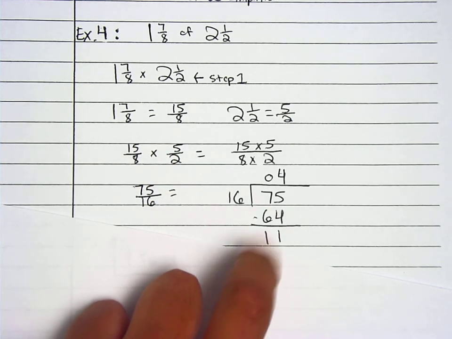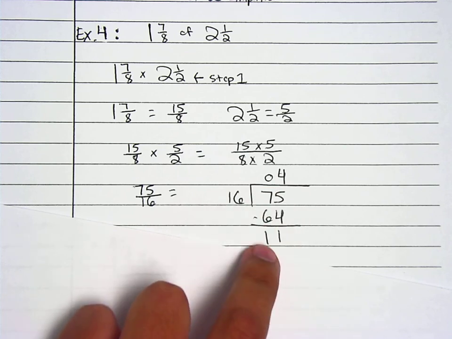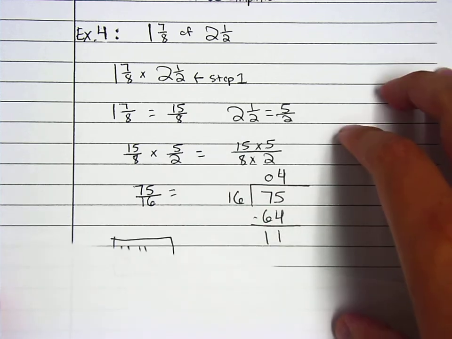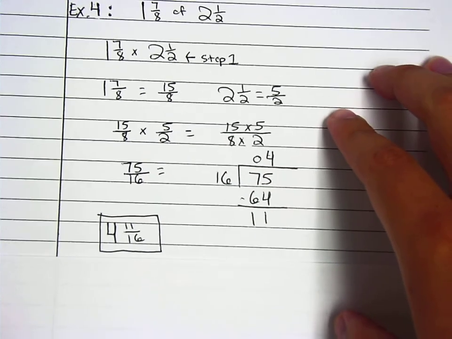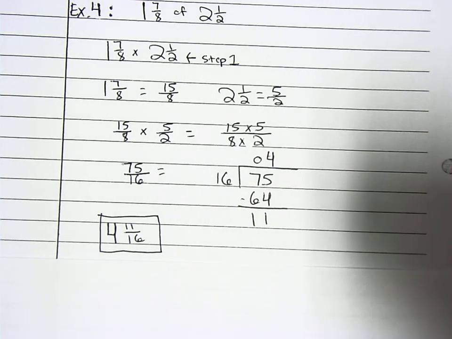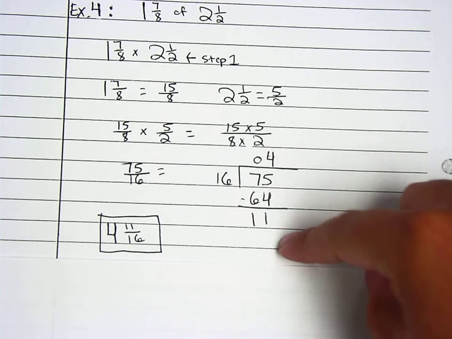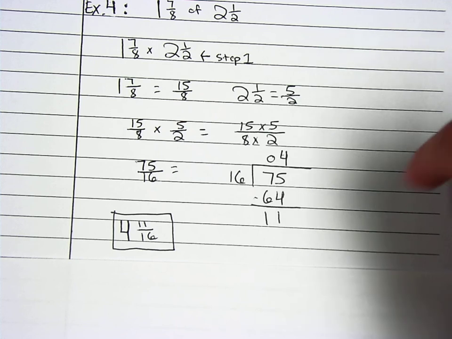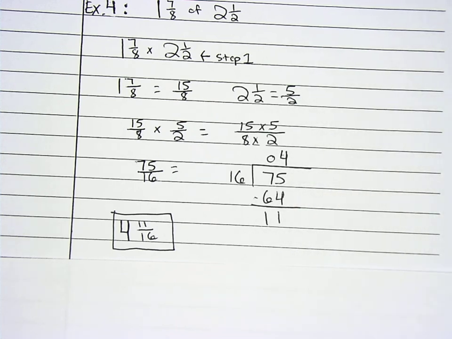So 16 goes into 75 4 times with a remainder of 11. And finally, we have our answer. Our quotient is our whole number. Our remainder is our new numerator, and the denominator stays the same. We cannot simplify, so our answer is 4 11/16.